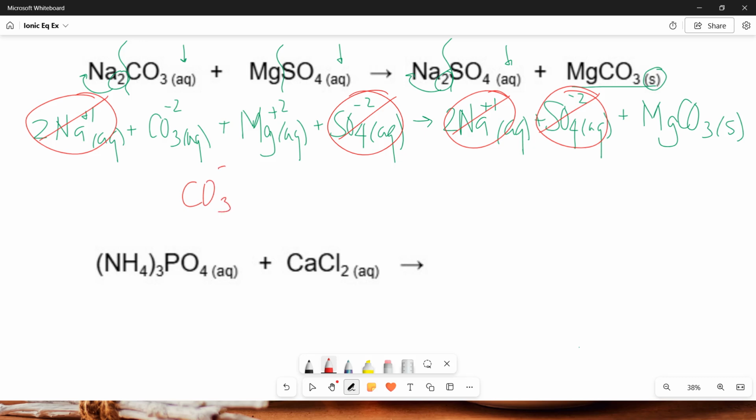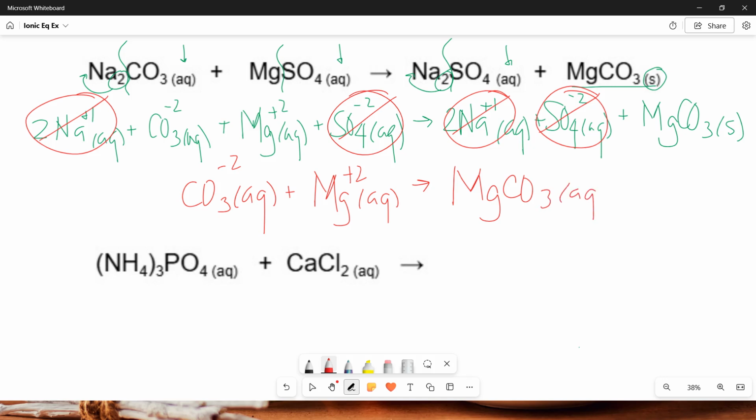So we have carbonate ion plus magnesium cation produces magnesium carbonate. And this is truly what's going on in the beaker as everything's floating around in there reacting. And so this is our net ionic equation.